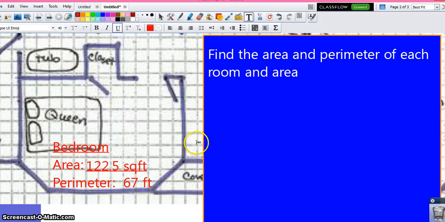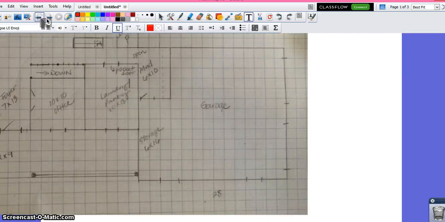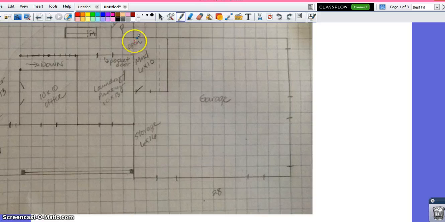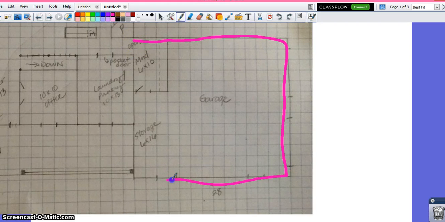Now, the same goes true if you have an area that you need to cut out. So say you had this particular plan and you have your garage here, and then you have this walkway here.